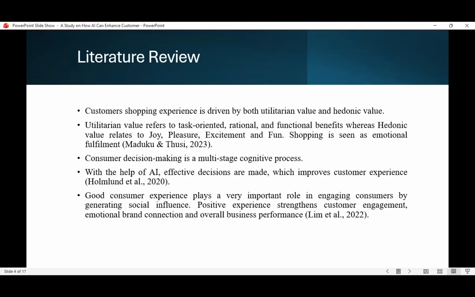For example, we need to identify our need, we need to identify the different products which are available, what are the different alternatives, and then finally we move on to the purchasing decision. And the last part is our post-purchase experience. If the experience is good, we would be likely to engage further with that brand, with that organization in future, and we will also do positive word of mouth.